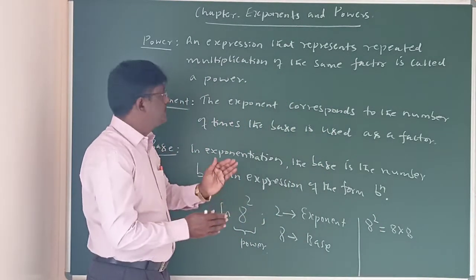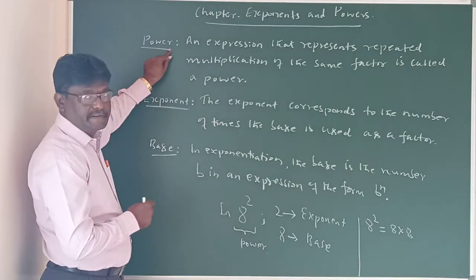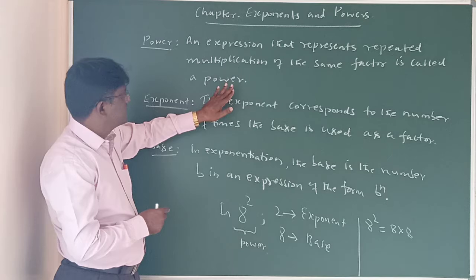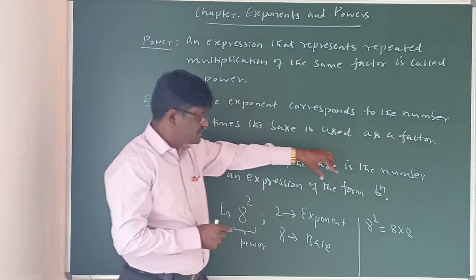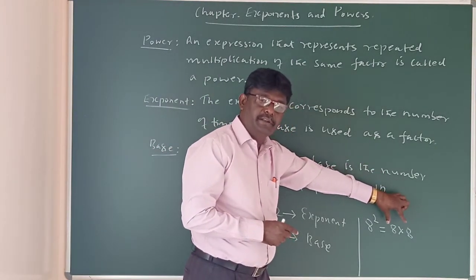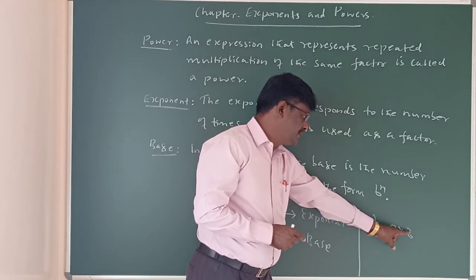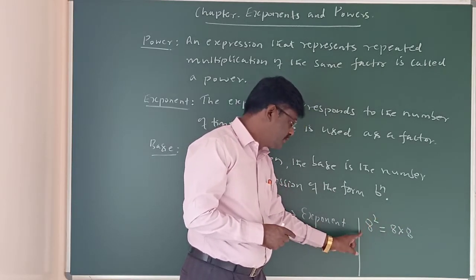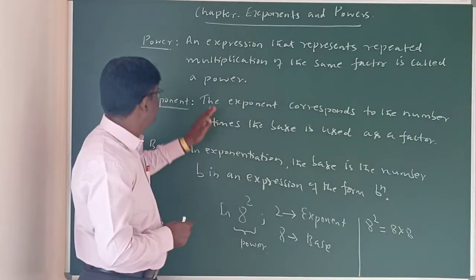That whole expression we say what? Power. Hence, what is power? An expression that represents repeated multiplication. See here, repeated multiplication, 8 into 8, written in power form as 8 square. So this whole expression we say power.